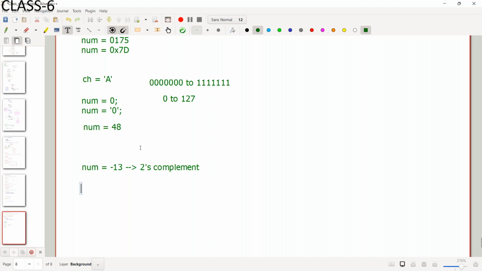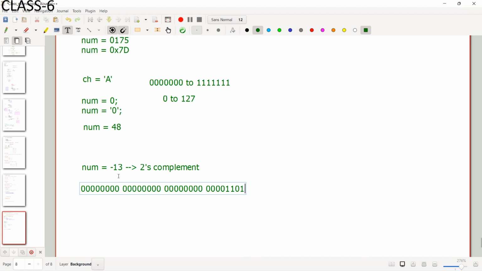To get the 2's complement, first you have to get the 1's complement. So we will write the 32-bit representation of 13, with zeros and then 1101.